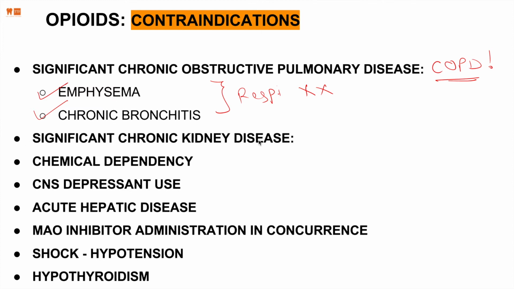In significant chronic kidney disease, we shouldn't be using opioids because our opioids will leave through kidneys themselves for excretion, and it will cause a lot more load than we need it to.